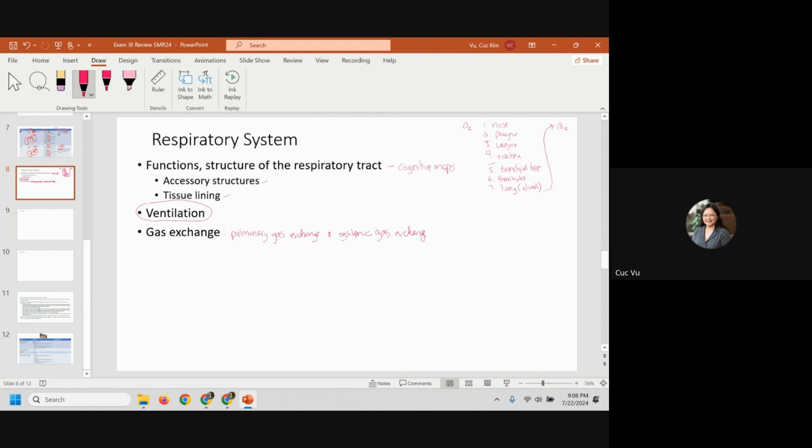Is the pulmonary gas exchange the same thing as the alveolar gas exchange? Yes. So the pulmonary essentially is between the blood vessels and lungs. Anytime you see the term pulmonary, it has to do with the lungs. Where the systemic one is essentially the blood vessels and the body.